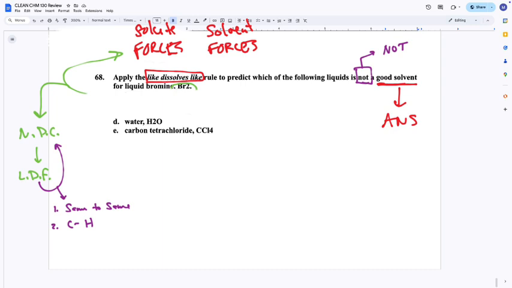How do we differentiate between those two answers? If it's not a good solvent, what is that going to mean about the forces? Should they be like? No, they should be unlike. And if I'm looking at something to the extreme, I want to make it as most unlike as possible. What is most unlike nonpolar covalent bonding?